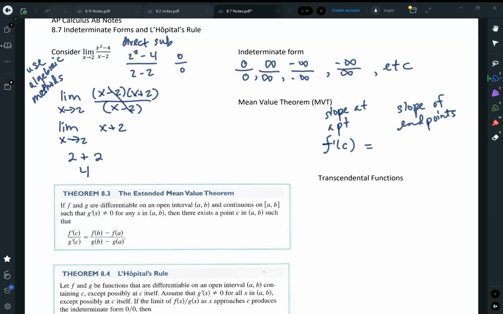If we're looking at 2 points A and B, this would be f of B minus f of A over B minus A.